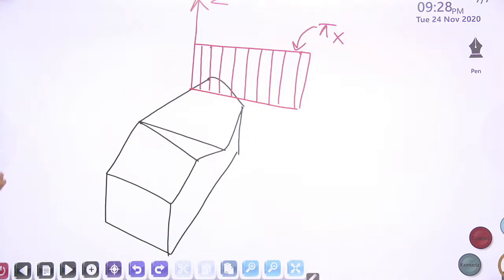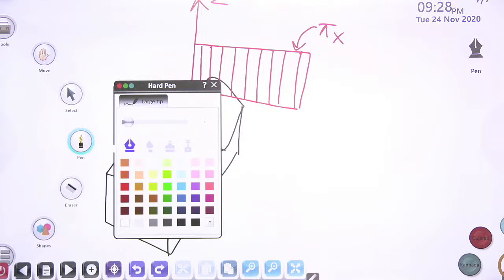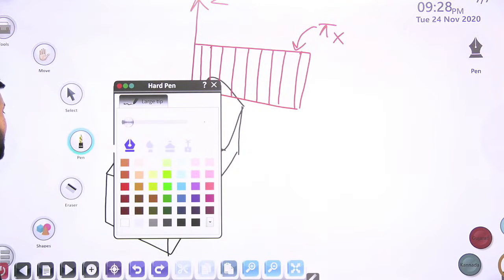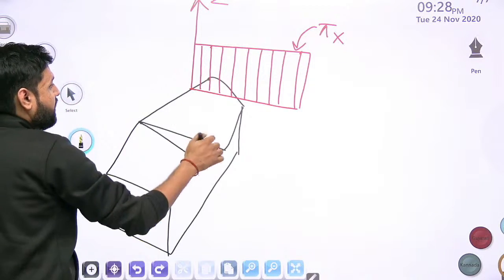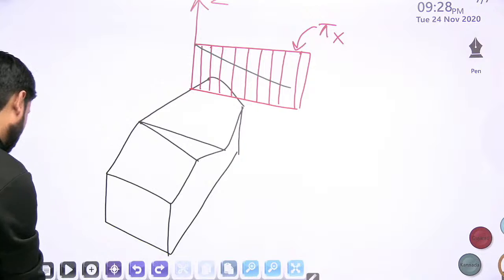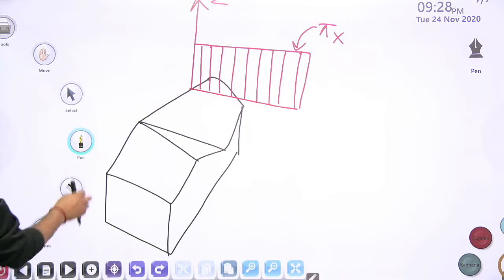Now let me show you one another plane. Which color to choose that will be visible to you and that will also look a bit different than this red? Let us choose this color. There is another plane here. Oh, this is not good because this will be similar to that of the tool.